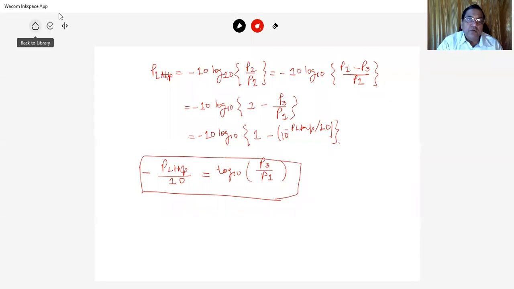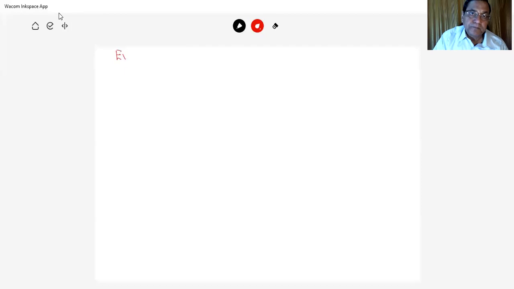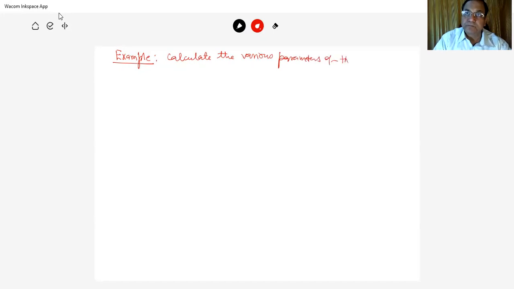So this one is the relationship. In order to make the concept clear, we take an example: calculate the various parameters of the given coupler. Splitting ratio is 4:1 first.